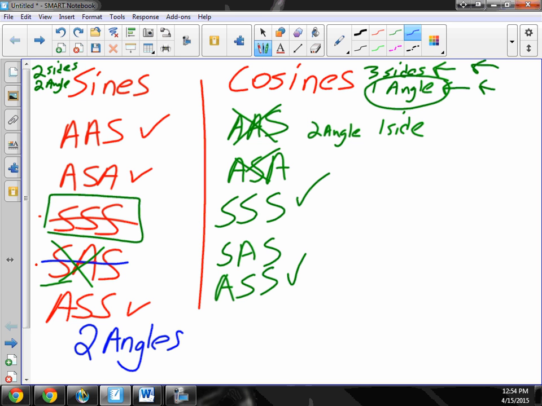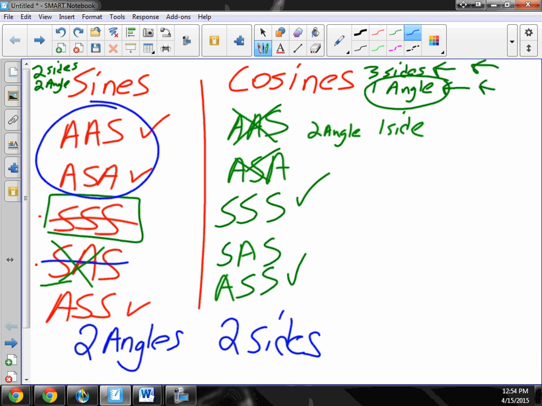The law of cosines, you need at least 2 sides. These both have 2 angles. In fact, these all have 2 sides, but the one exception is the ambiguous case. It works both ways.